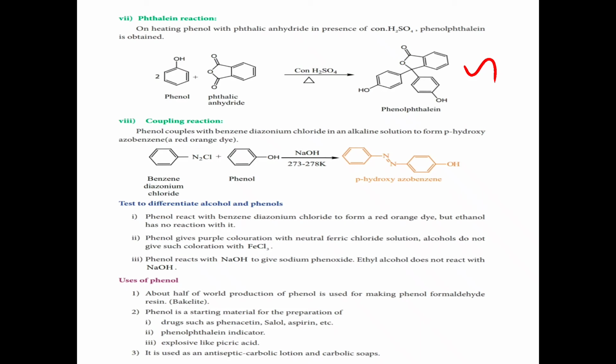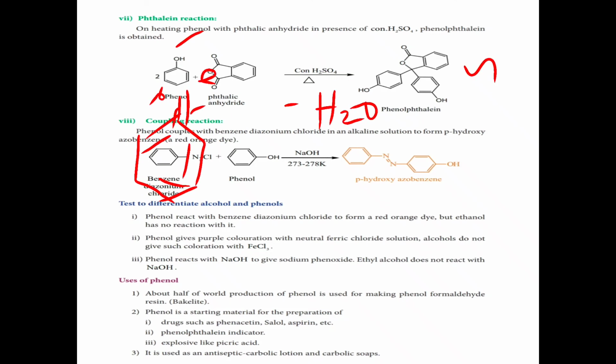See here, 2 moles of phenol, and H2O is removed here. How? One H from here, one H from here, and the oxygen in the phthalic anhydride. What happens? Water is removed. After removing the water, you combine together and write it as the phthalein fusion reaction.